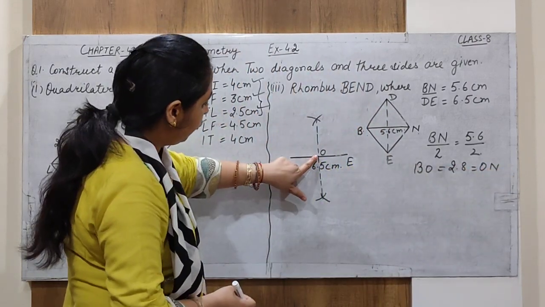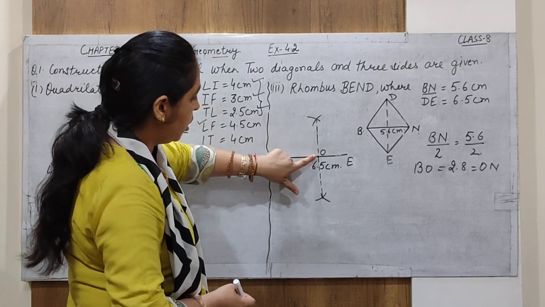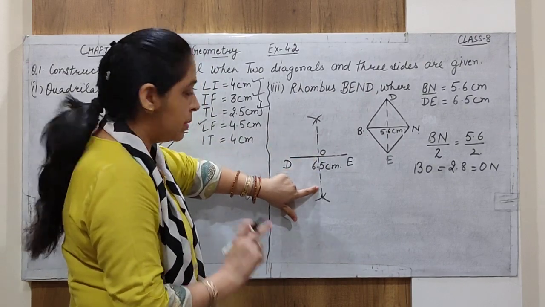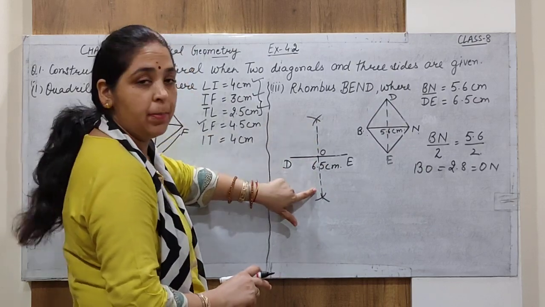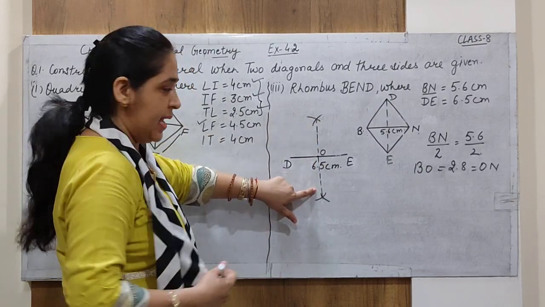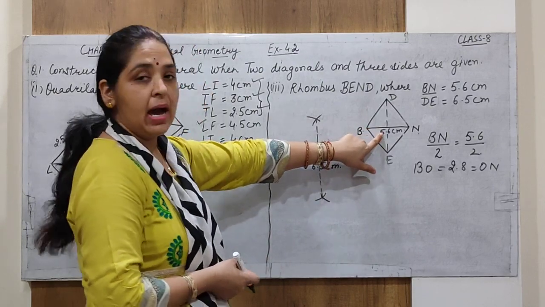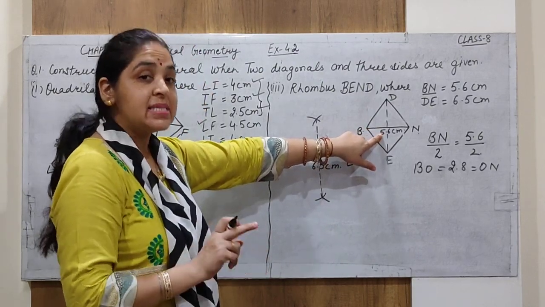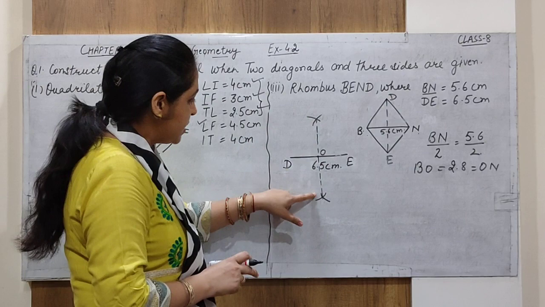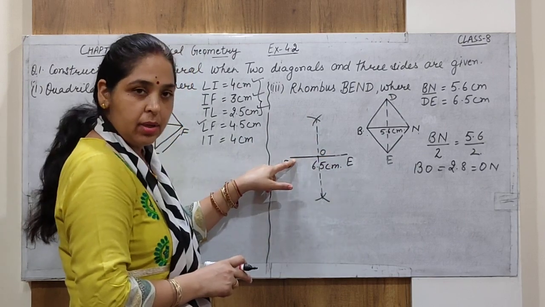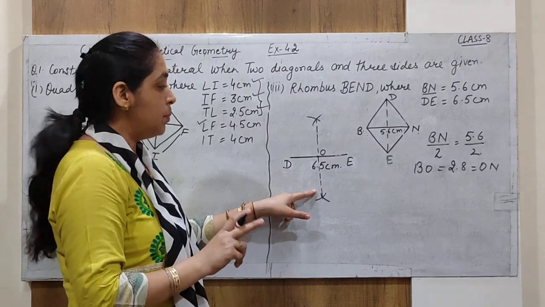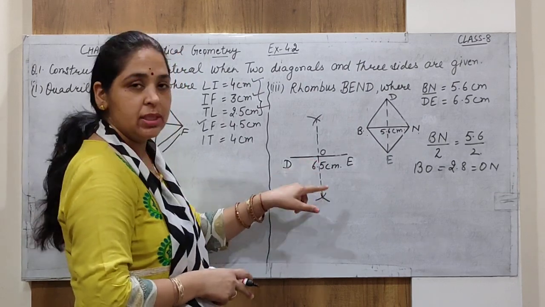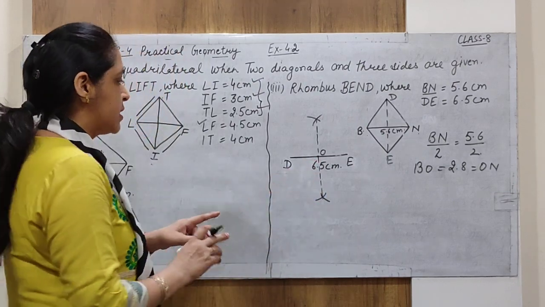The lengths OB and ON are equal because here we use one more property of the rhombus: its diagonals are perpendicular bisectors. Perpendicular means the lines are perpendicular, which we have already used. The second property is that they cut each other at equal distance.